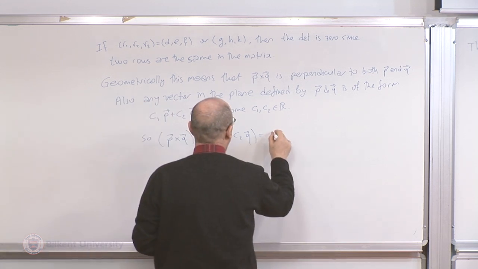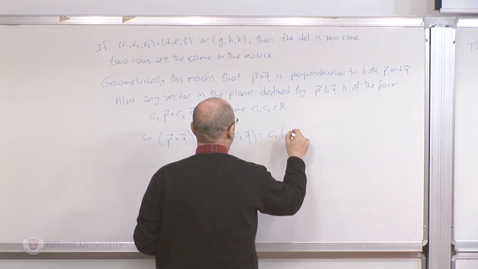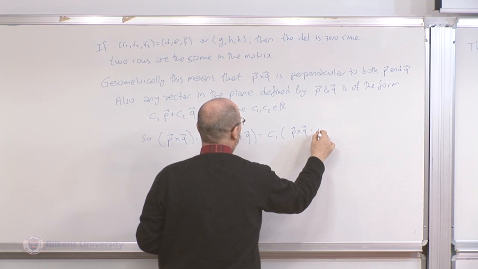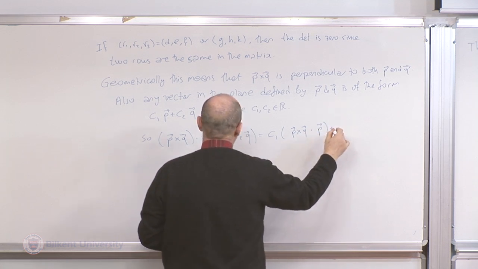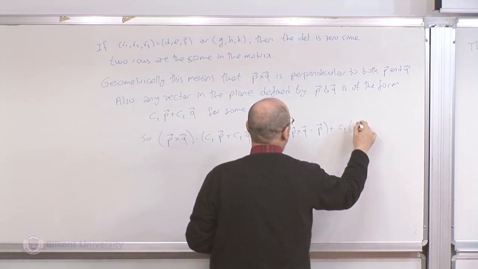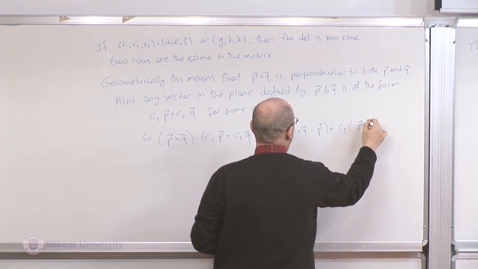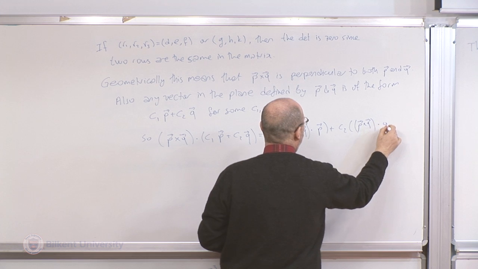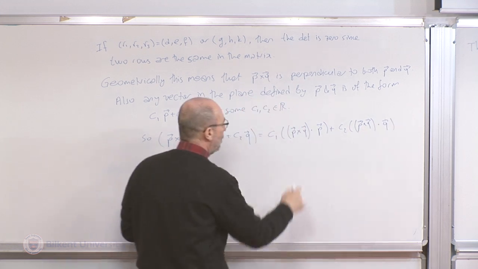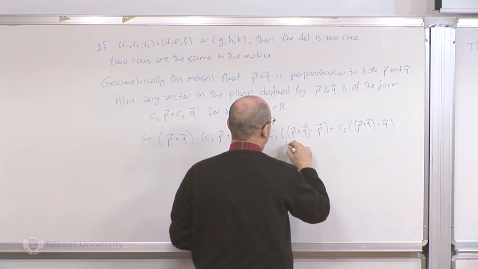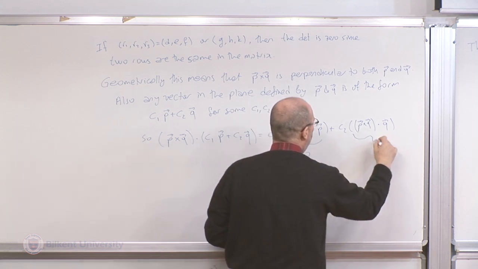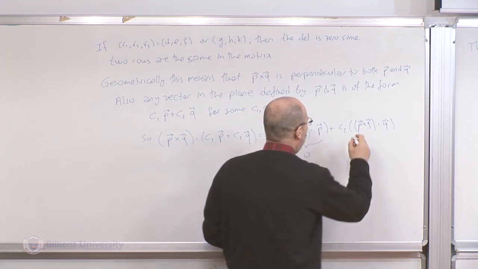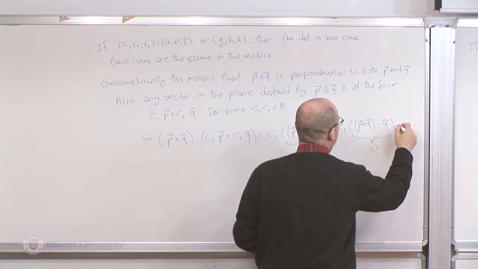Let's write this patiently: C1 (P cross Q) dot P plus C2 (P cross Q) dot Q. Maybe I also put parentheses here to make life easier. Okay, so this is 0, this is 0, therefore this is 0.